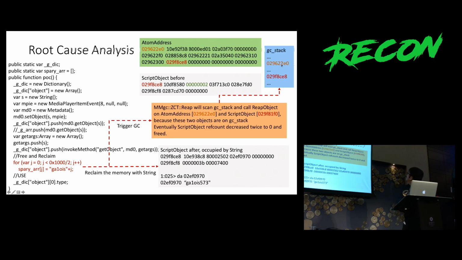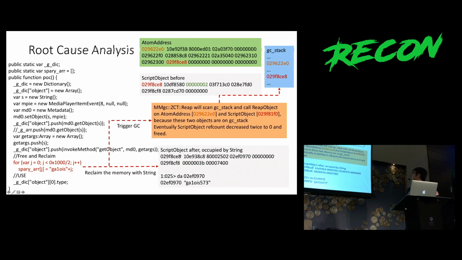When garbage collection is triggered, the ZCT reap function will scan the GC stack and call reap object on the atom address and the script object. Eventually, the script object ref count will decrease twice to 0 and it is freed.